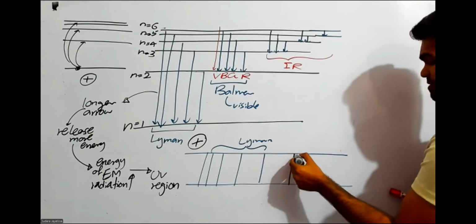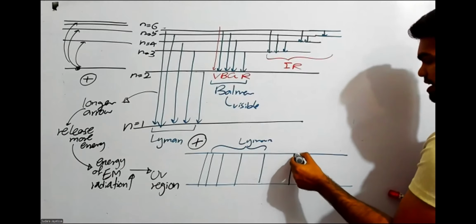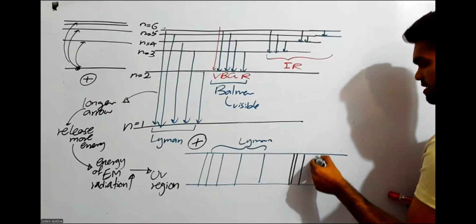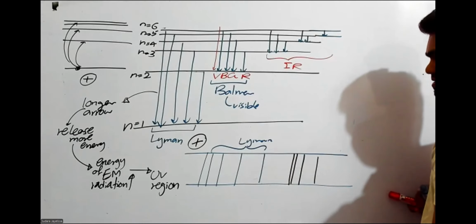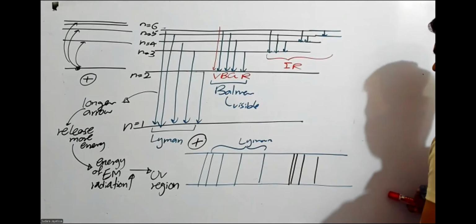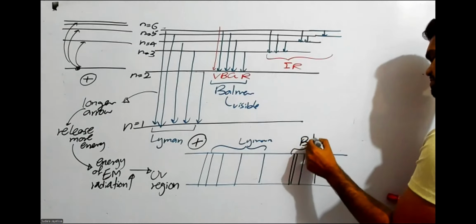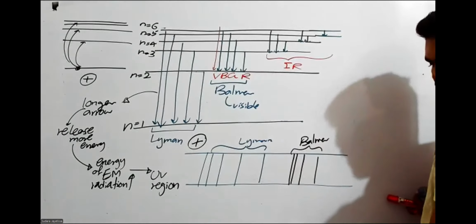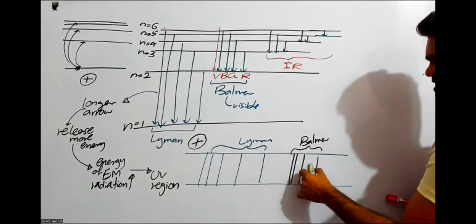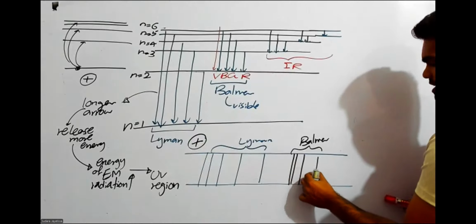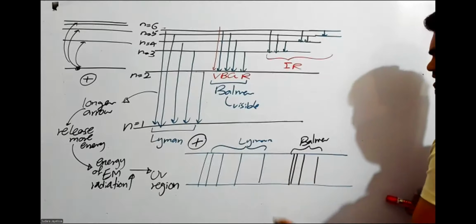And their lines will have an even narrower distance, like this. Okay, so this is your Balmer series. Now you can see the gap between Balmer series lines is lower.